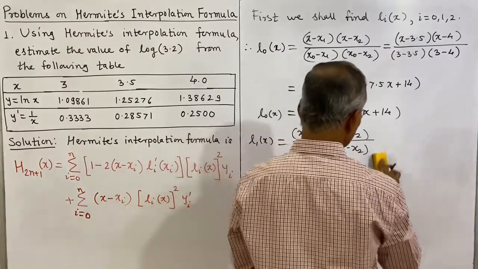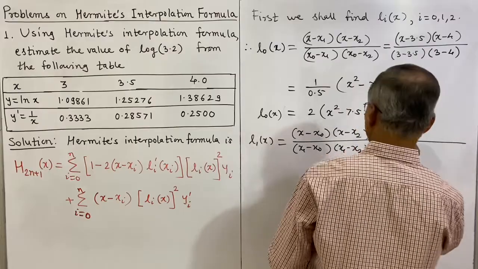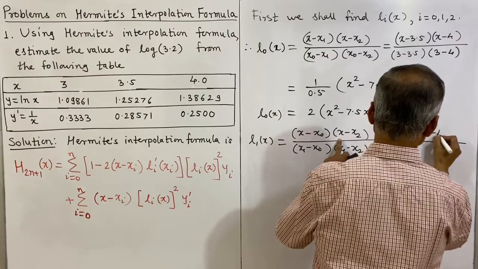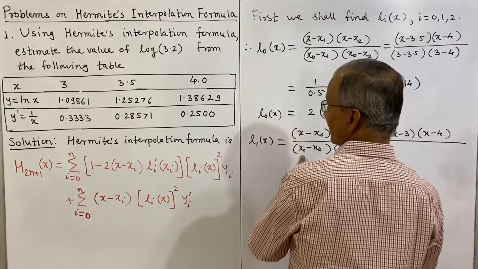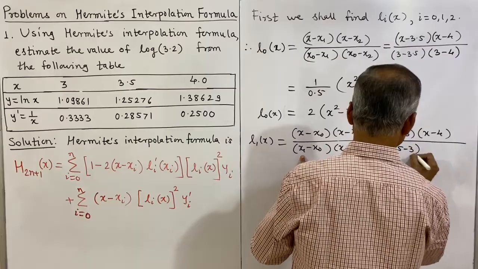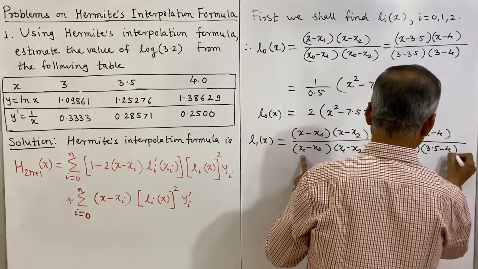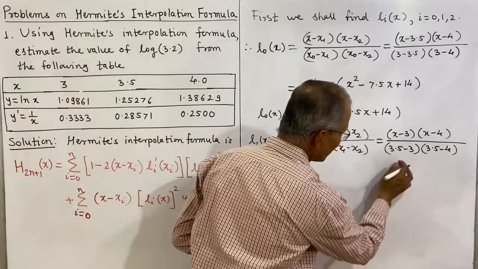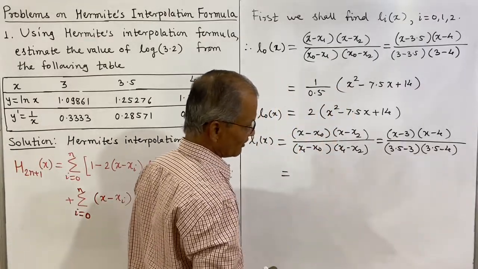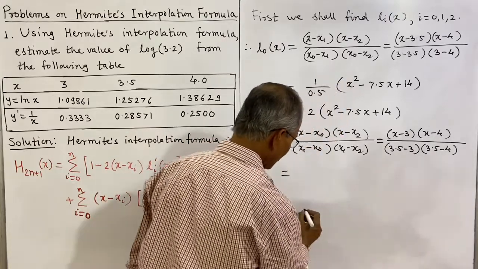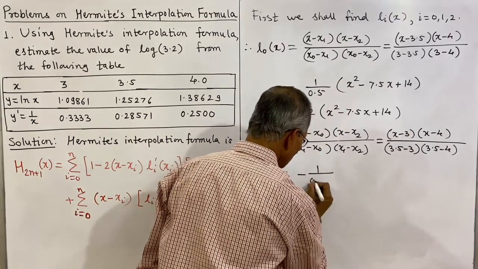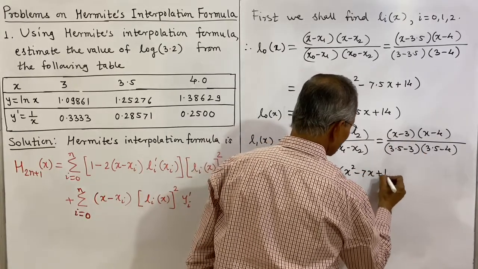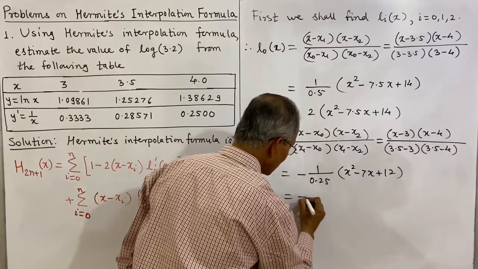This is equal to x minus x0 which is 3, x minus x2 which is 4, and the denominator is x1, 3.5 minus 3 and 3.5 minus 4, which will be 0.5 and negative 0.5. And therefore it is minus 1 upon 0.25, and that is x square minus 7x plus 12.